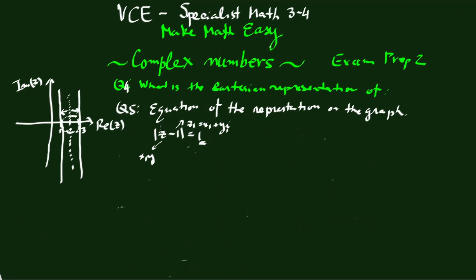This is the distance, because remember the formula of the absolute value of z represents the length of the complex number, the distance from the origin.